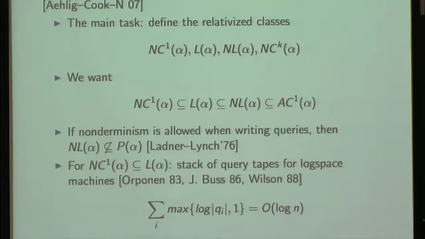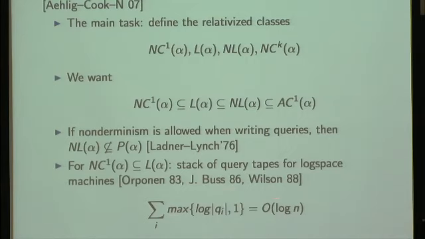And the class NC1 alpha allows nested depth of oracle in the circuit. To show that it is contained inside log space with alpha, the log space machine, when it evaluates the circuit, has to evaluate different layers of oracle queries. Therefore, the log space machine must have a stack of query tapes.